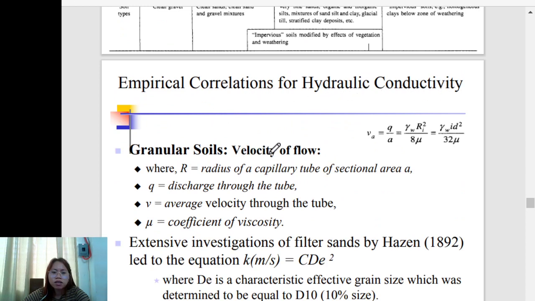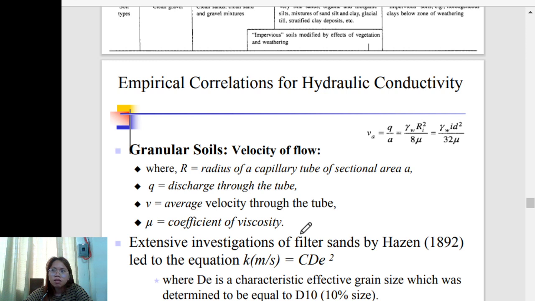For granular soils, the velocity of flow, so we have here, I guess, the formula of the average velocity through a tube. R is the radius of the capillary tube of sectional area A, and Q is the discharge through the tube, V is the average velocity through the tube, and mu is the coefficient of viscosity.